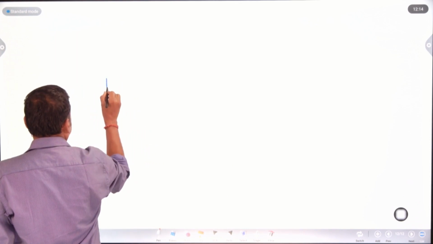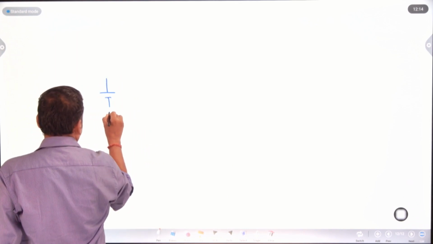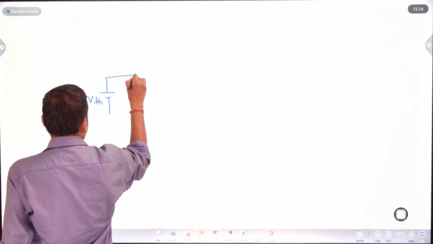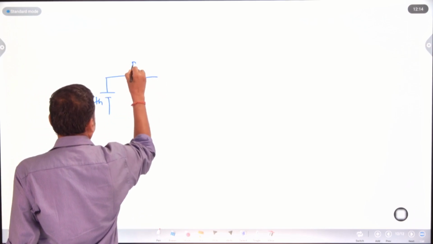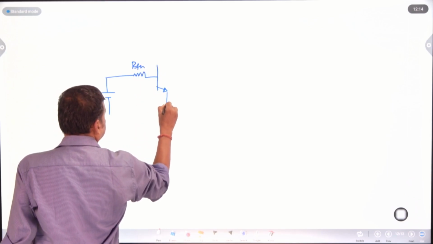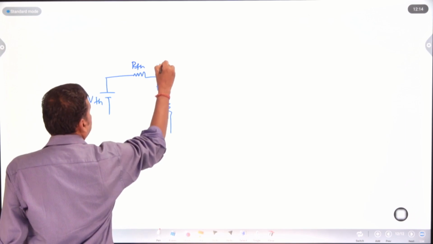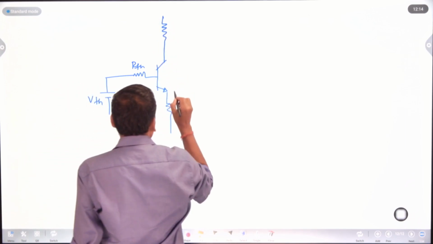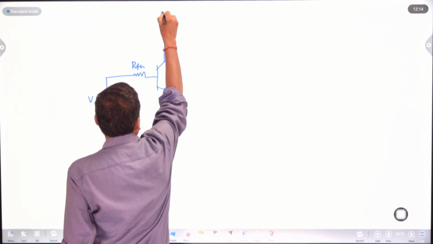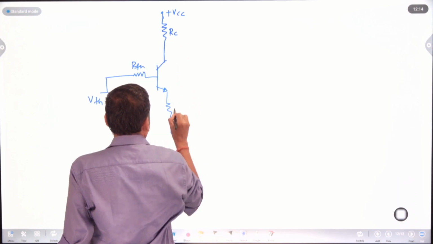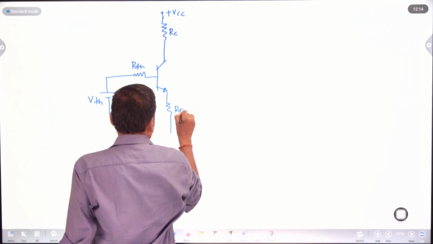One is your VTH, another one is your RTH. The output remains the same, plus VCC, here this is RC, and this is your RE.